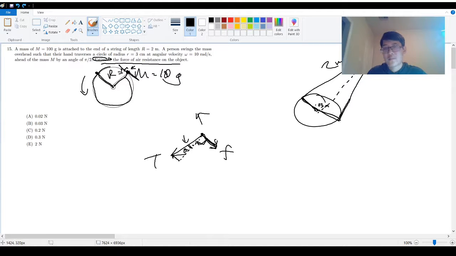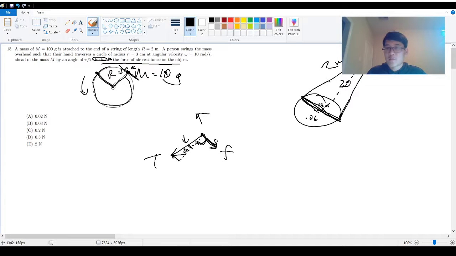We can say that the diameter of this circle is 0.06, and that it's approximately straight through these two tangent points caused by this angle theta, or actually this angle 2 theta, right?